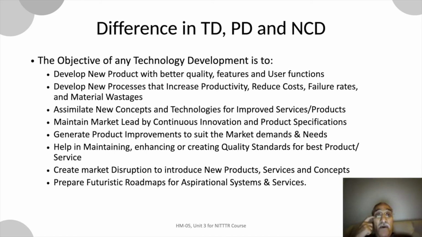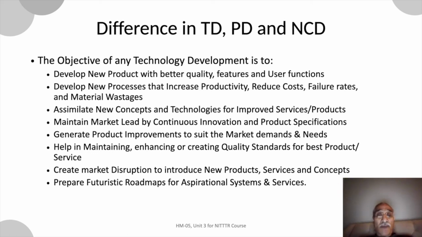They develop new processes that increase productivity, reduce cost, failure rates, and material wastages. Now, these three things are from three different sectors. Increasing productivity is basically trying to change the manufacturing process, removing manufacturing bottlenecks.